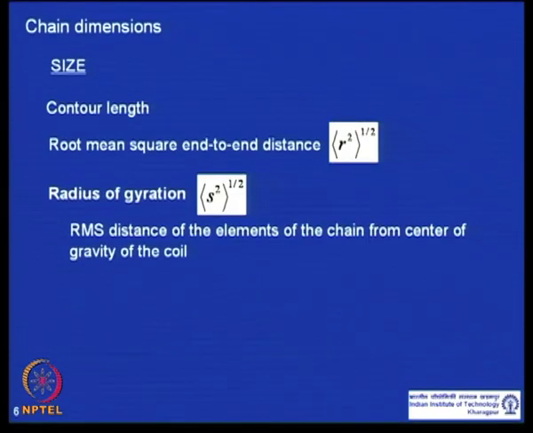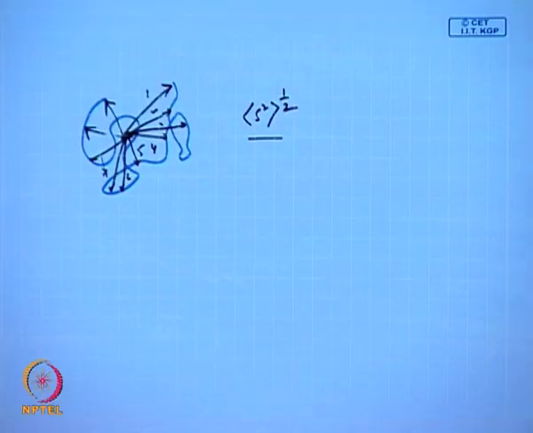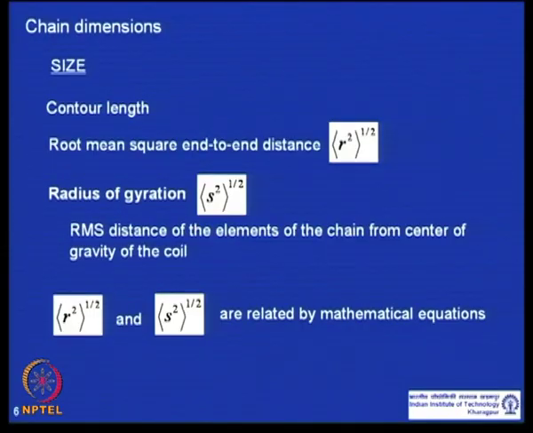Now, fortunately, these two terms, root mean square end to end distance and root mean square radius of gyration, are mathematically related. So, if you find one, the other you can get easily from the expression which connects each other.